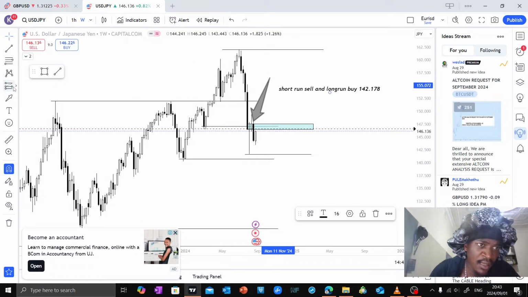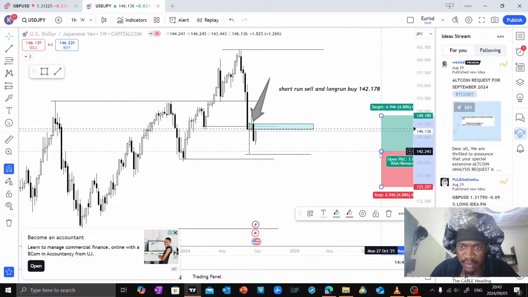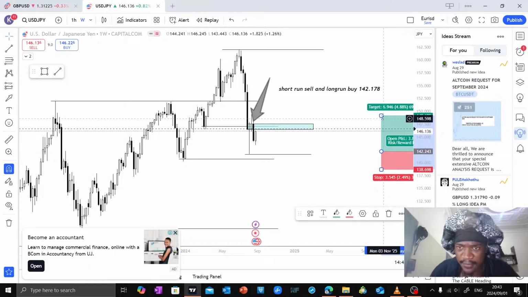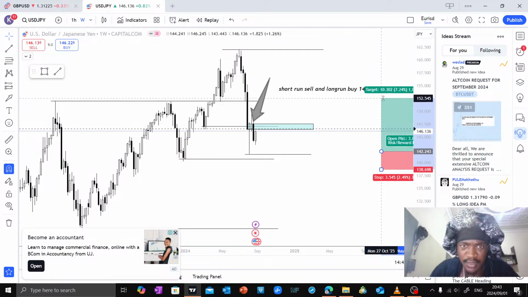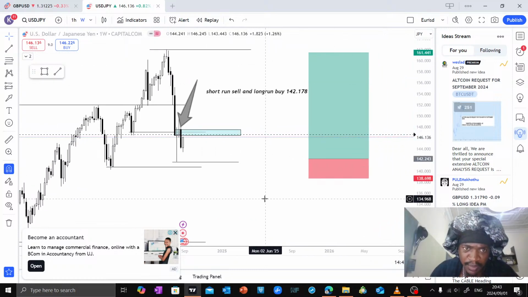So then I'll just indicate here. So going long, it's a long run thing. I'll be going long, putting my stops below that, then take profits to this part. But it's a trade that would play out in a couple of weeks.